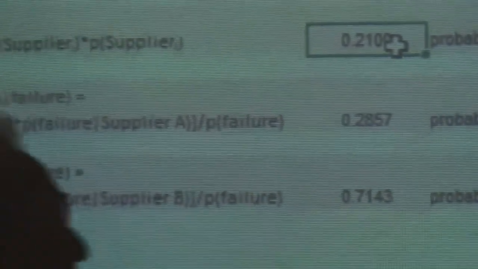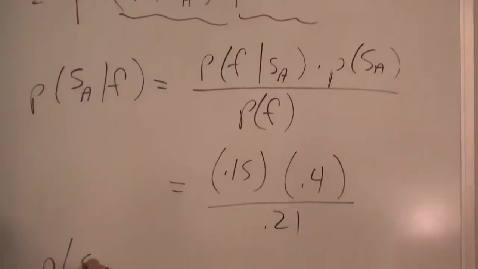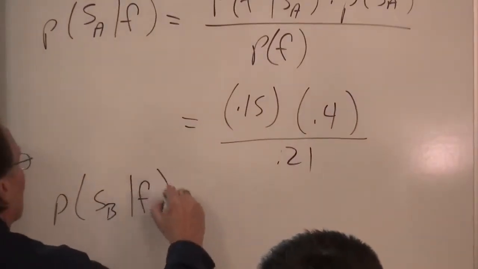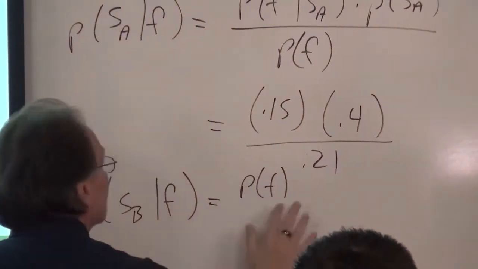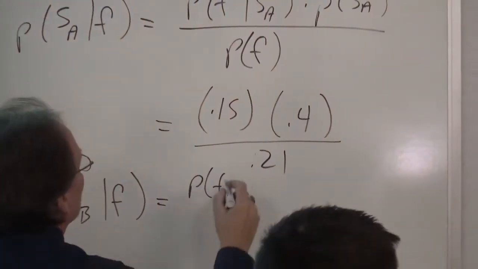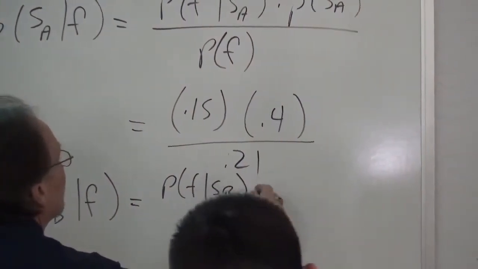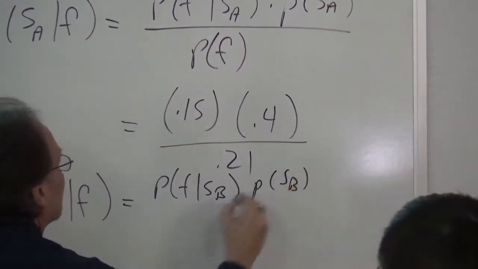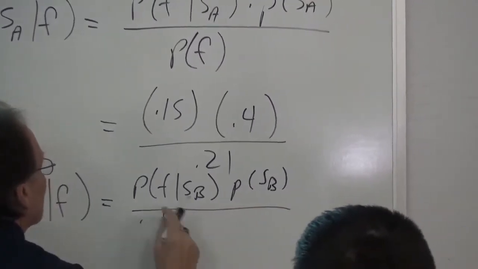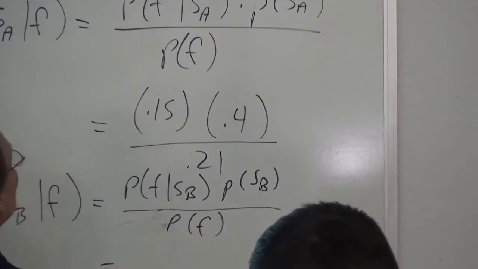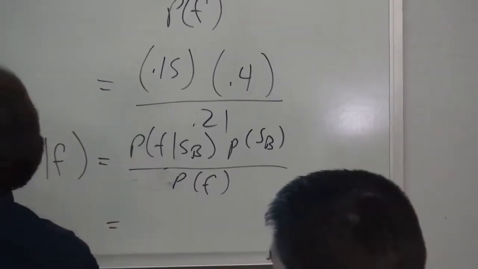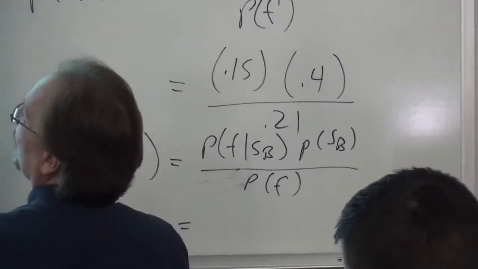And it's the same process for supplier B. Those numbers are: the probability of failure given supplier B is 0.25.